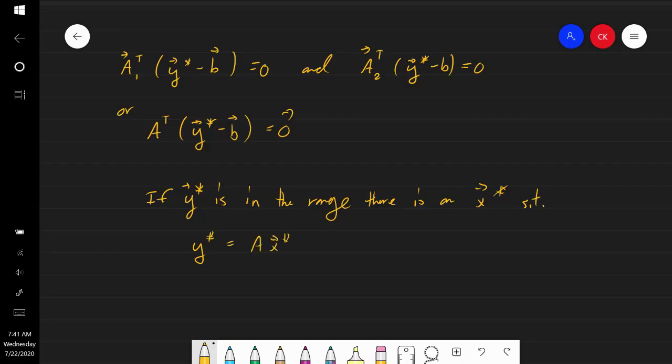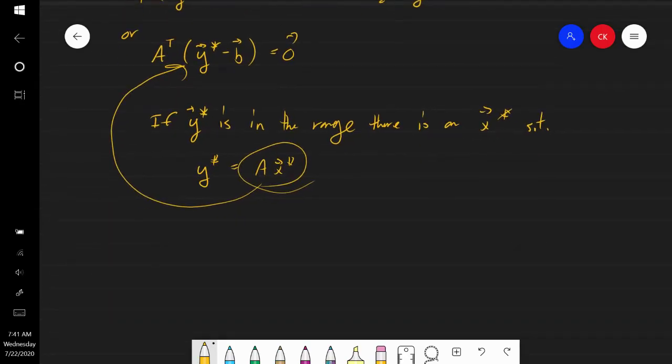That's exactly what it means for y to be in the range of A. So now we can take this version of y star and plug it into our formula up above. And then we have A transpose times A x star minus b equals the 0 vector. And this is starting to look a little more familiar to the formula that we were talking about earlier.